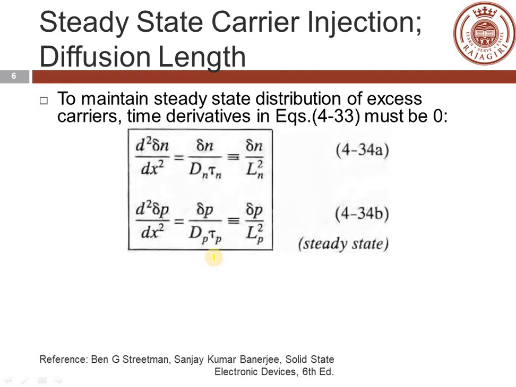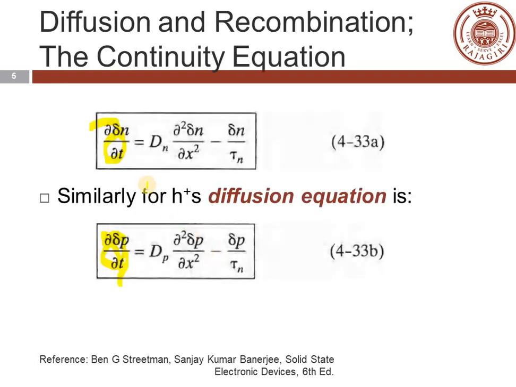So the remaining part, from equation number 33a, is Dn dou square delta n by dou x square equal to delta n by tau n.